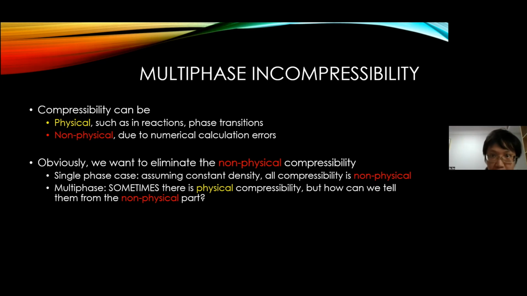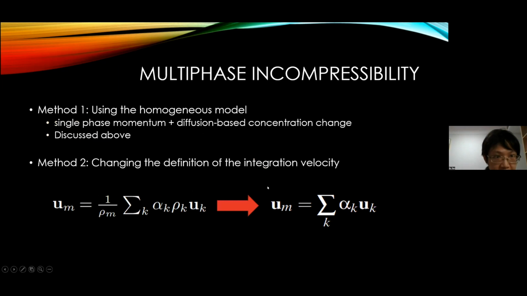But for multi-phase flows, physical compressibility is common, and we need to model it in our simulation. So we need to tell them apart ultimately. However, there are several methods currently to handle incompressibility in multi-phase simulations in SPH. The first method is using the homogeneous model. We just have seen it.